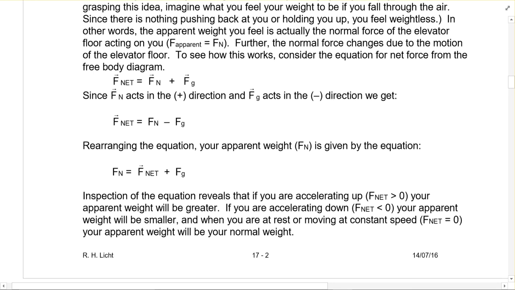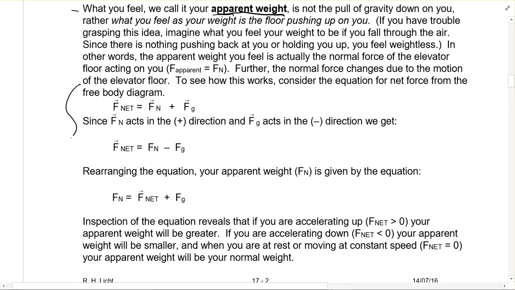Yeah, and I've got this written down here too. This is the same type of thing I was just talking about. If you think about it, we've got F net, which is the actual acceleration of the elevator, right? That's what's causing the thing to go upward, and that's made of your normal force and your force of gravity. And the force of gravity is going to be in the downward direction. So our formula turns into F net is equal to Fn minus Fg.